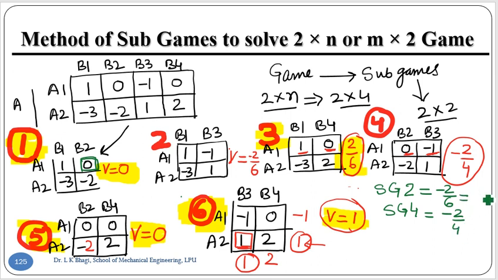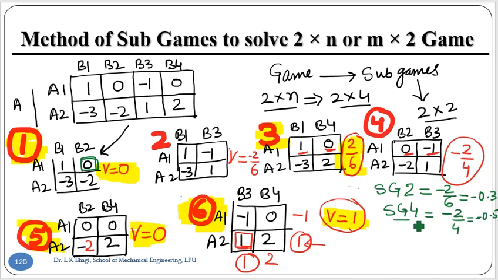If I solve, the value comes to be minus 0.333 over there, and minus 0.5 over there. Now which one is the larger negative value?